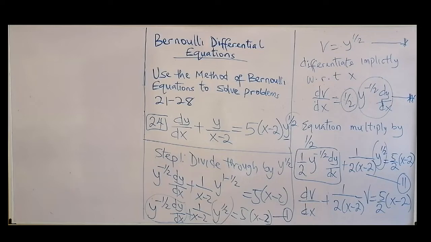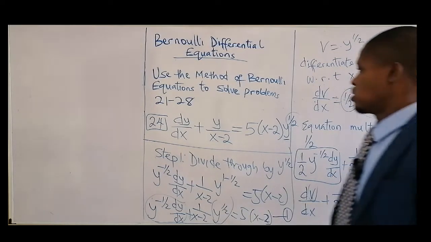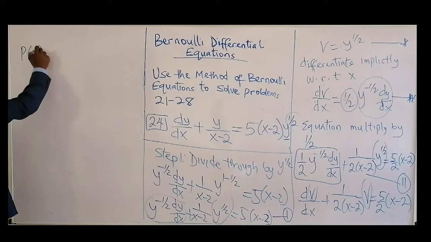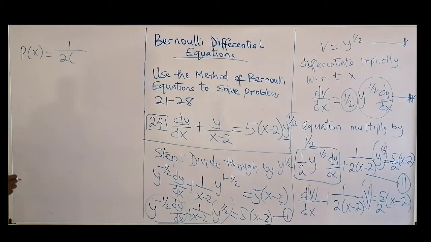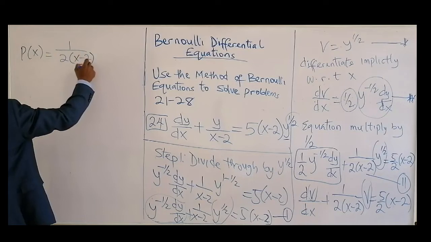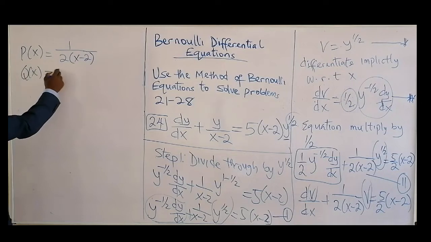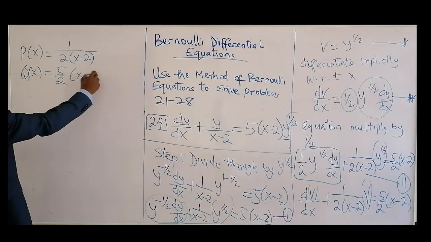So this is linear in v, you can see, this is v, this is v, with p of x equal to 1 over 2 into bracket x minus 2, and my q of x is 5 over 2 into bracket x minus 2.